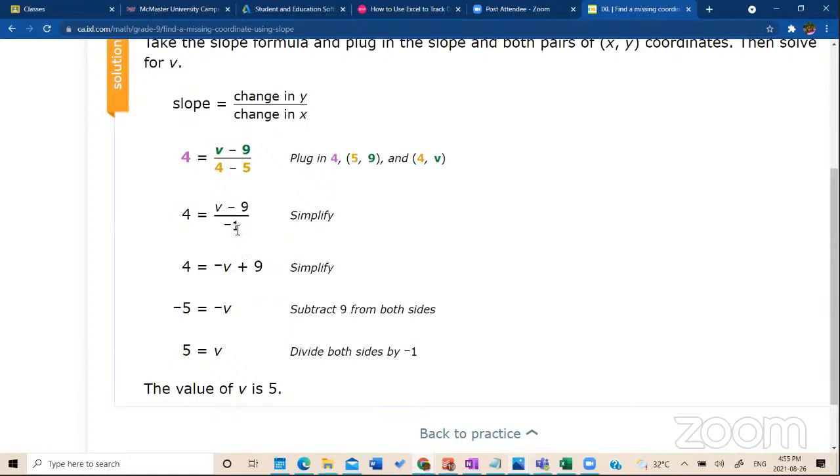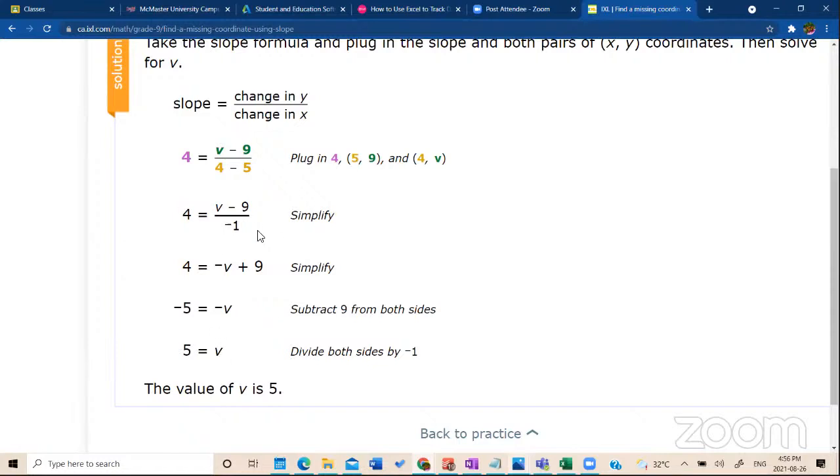So V divided by minus 1 gives you minus V. Minus 9 divided by minus 1 gives you positive 9. And then what they did is you subtract 9 from this side. Then 4 minus 9 is minus 5. And then since both sides are negative, we can just divide both sides by negative 1. And we get V equals 5.